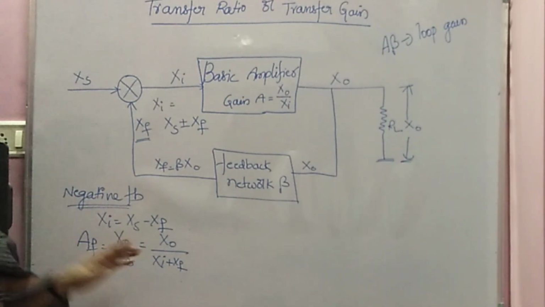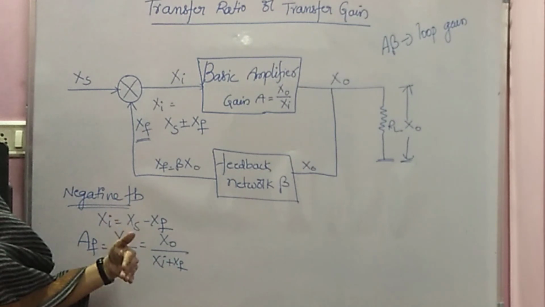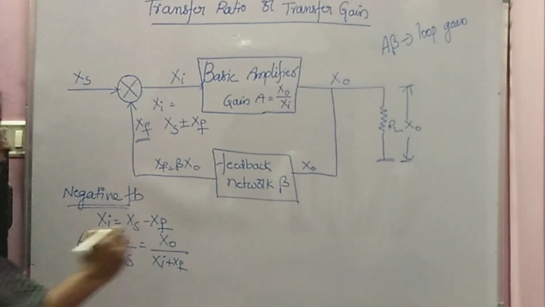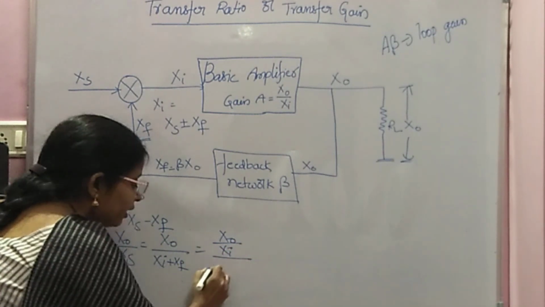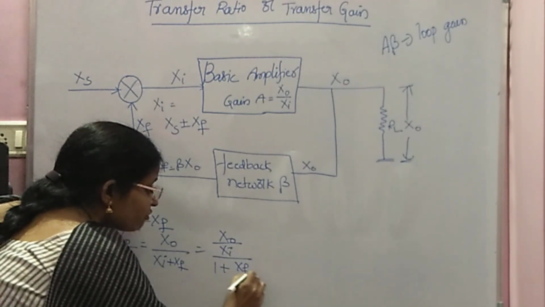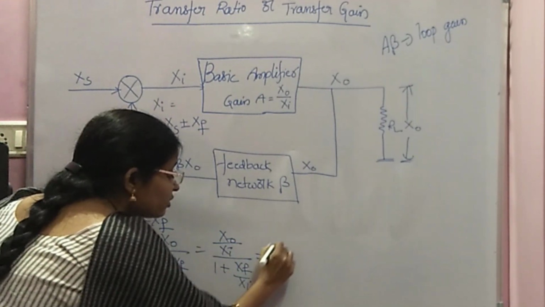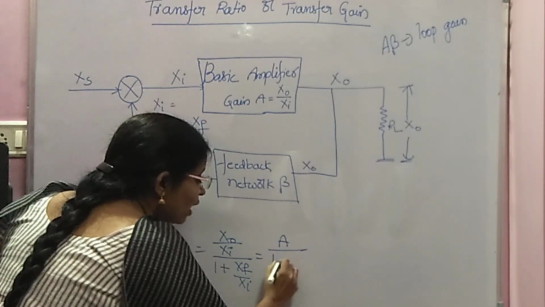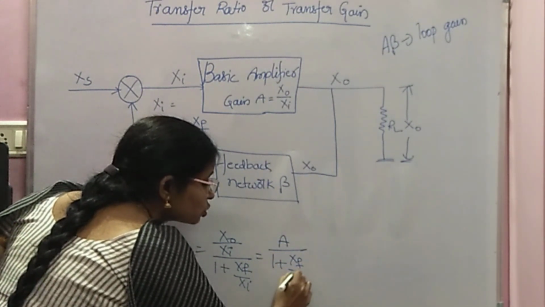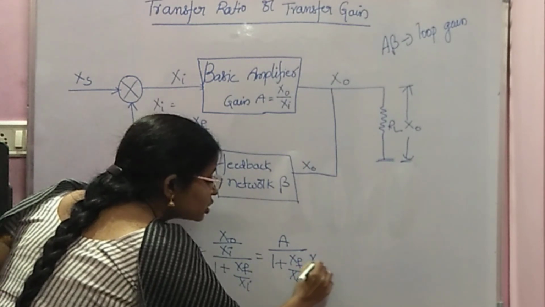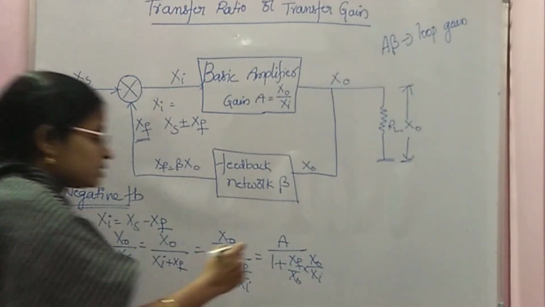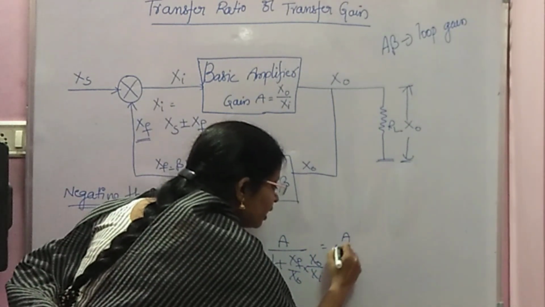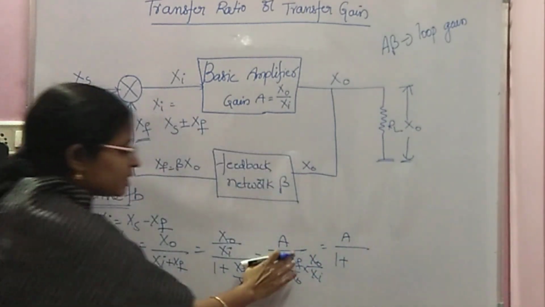In the same way here, you divide the numerator and denominator by Xi. So you get X0 by Xi divided by 1 plus Xf by Xi. You can write it as A by 1 plus Xf by X0 into X0 by Xi. What is Xf by X0?